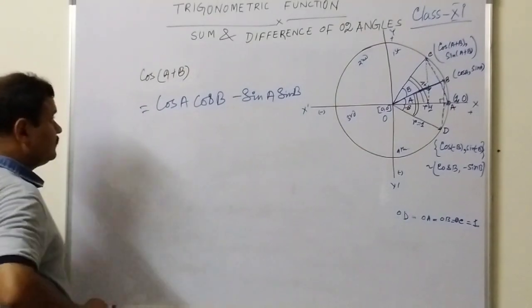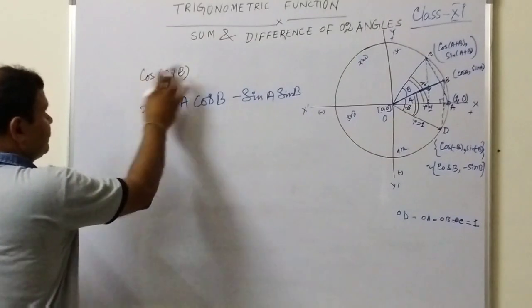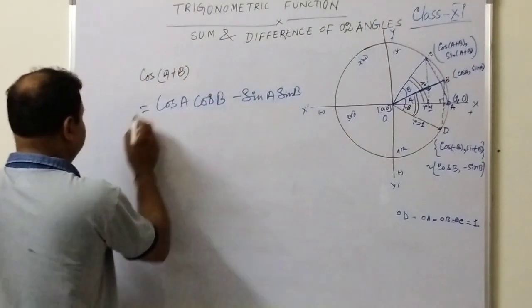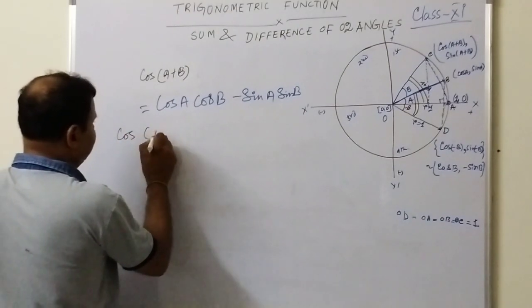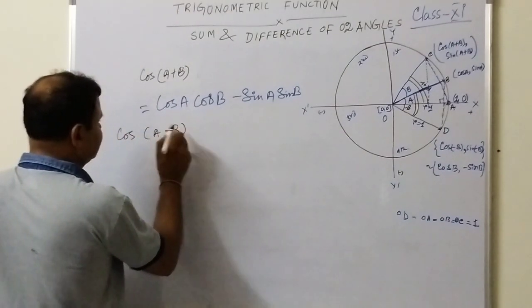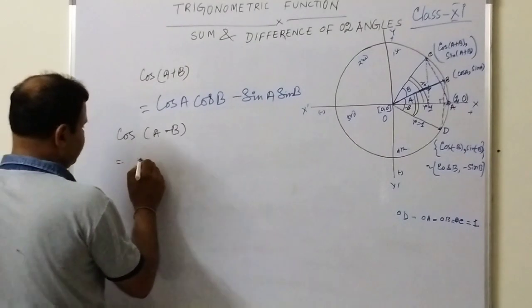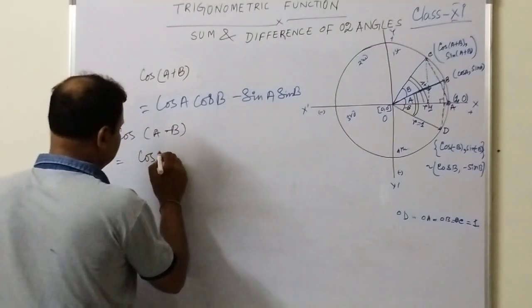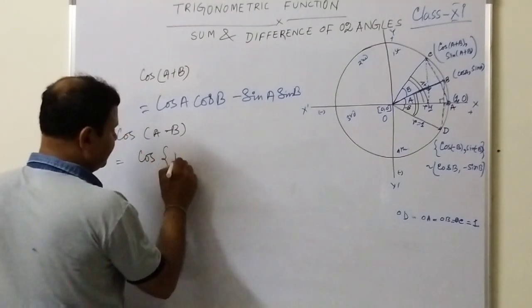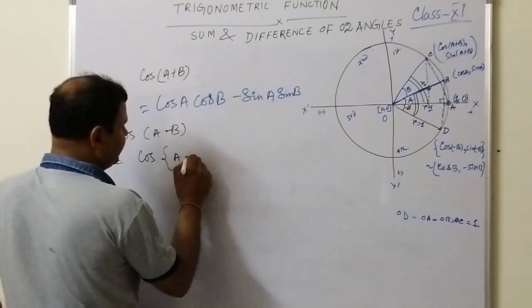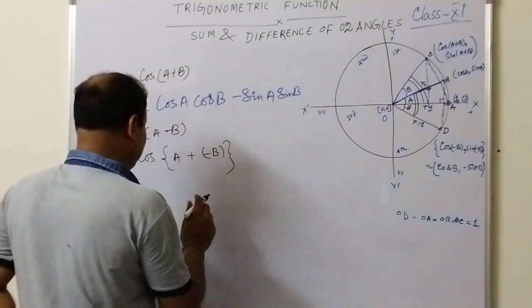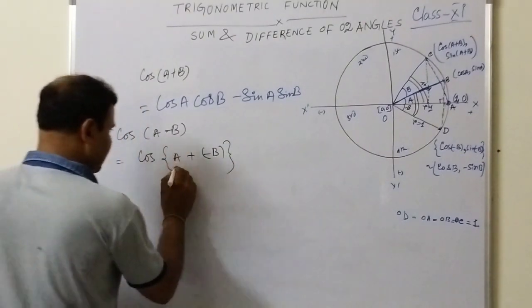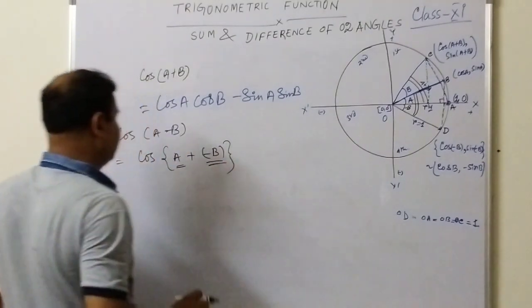Now from this you can prove everything, like I said. Suppose somebody asks cos A minus B, how to find it? Let us do it like this. I can write this as cos of A plus minus B. I have two angles like this, this is one of the angles, and this is the other angle.